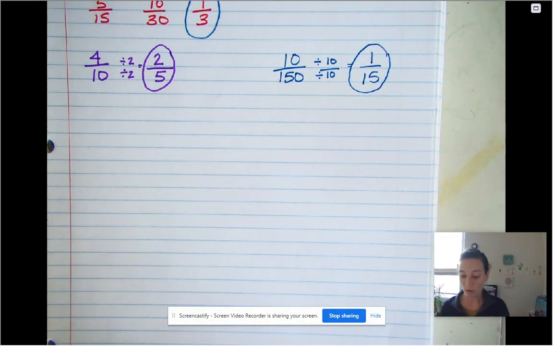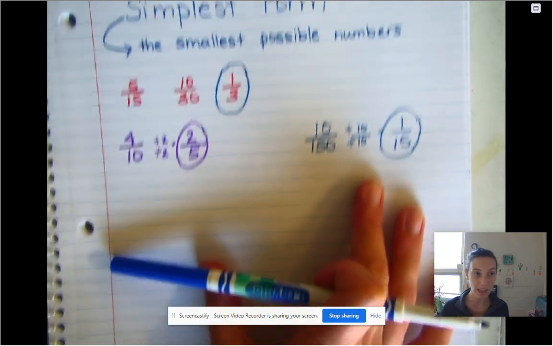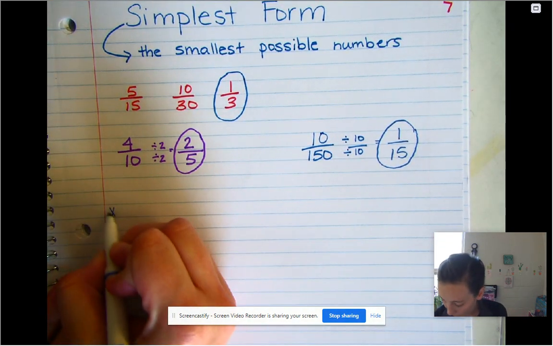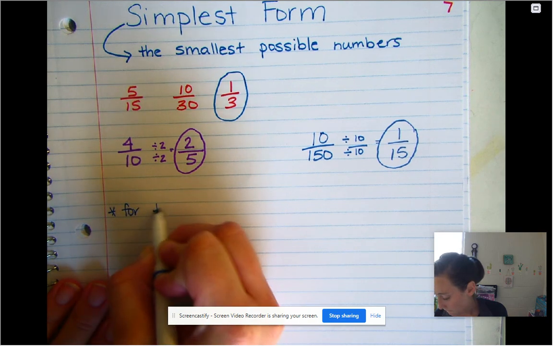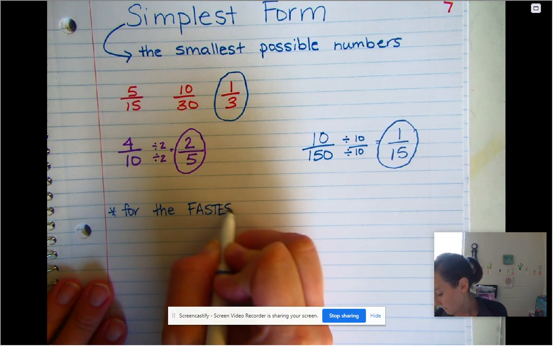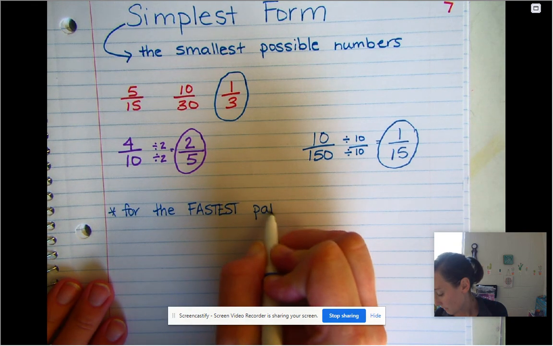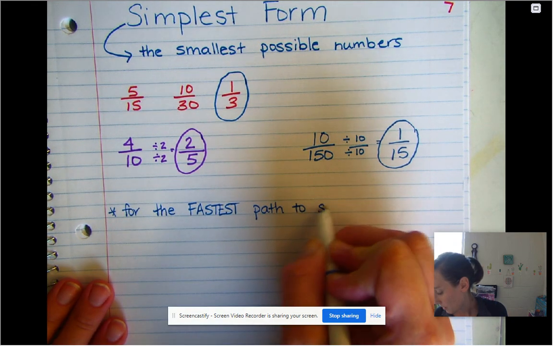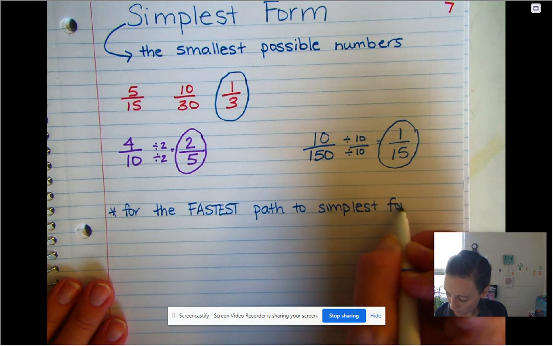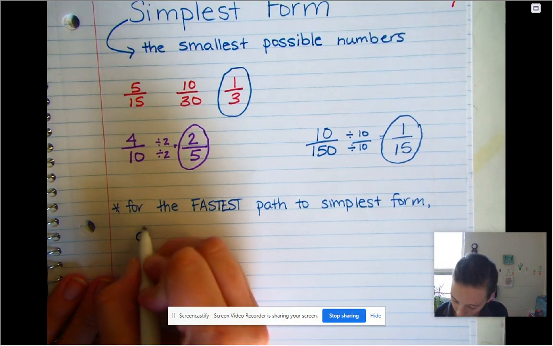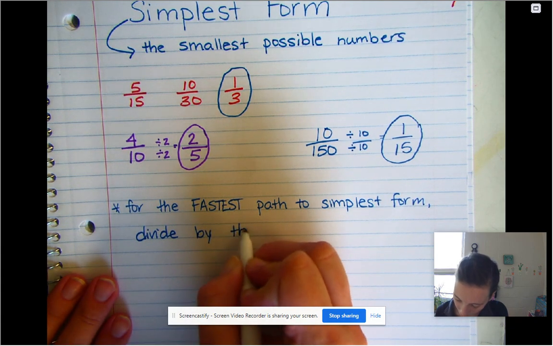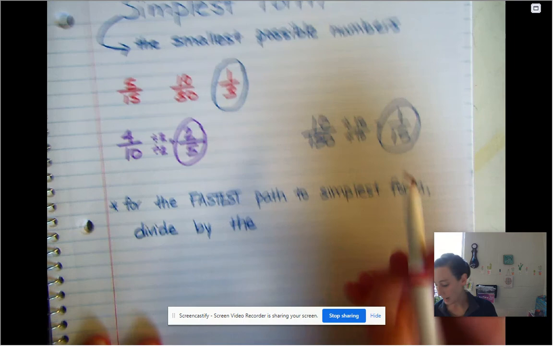Now, for the fastest possible way to get from any fraction to its simplest form, we're going to divide by the, are you so excited?